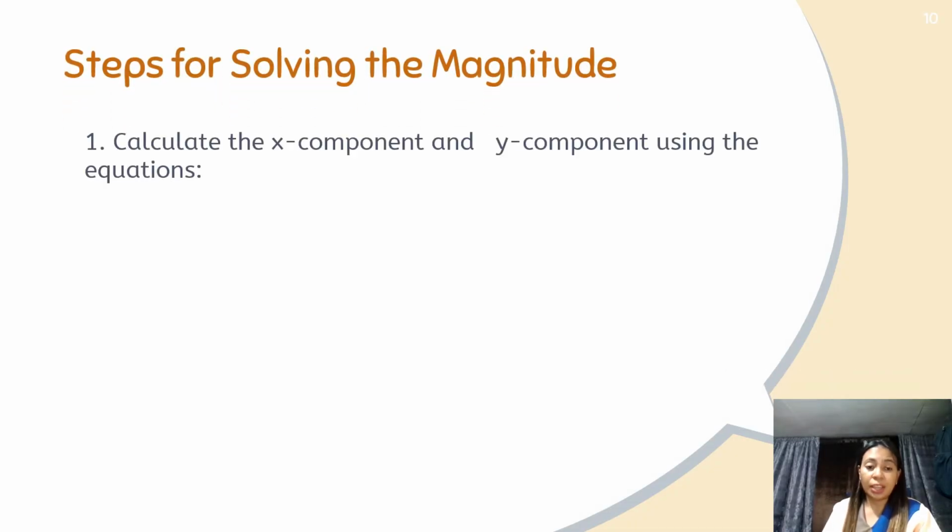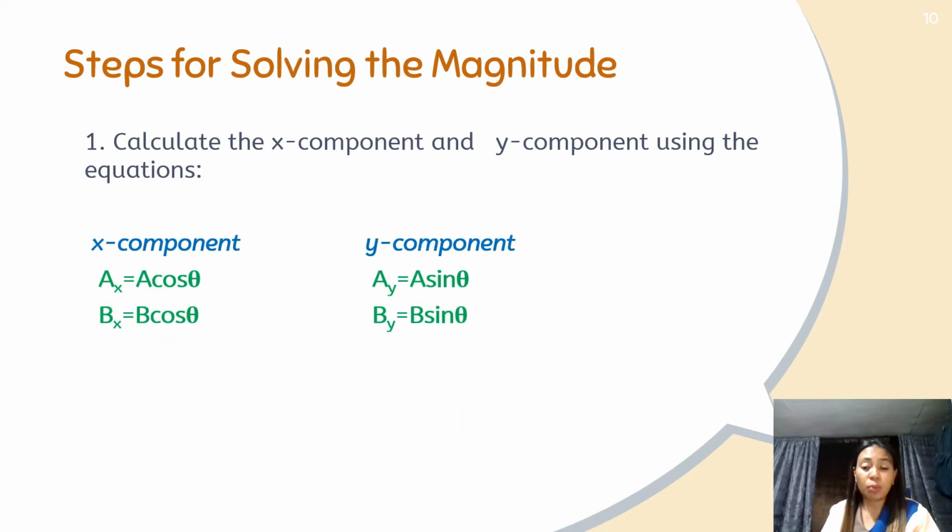Okay, what are the steps for solving the magnitude? First is calculate the x component and y component using the equations. So again, as I have said, we have to compute separately the x and y component. So for example, if we have two vectors, then we only have a vector A and vector B. So we have A and B for x and for y component.